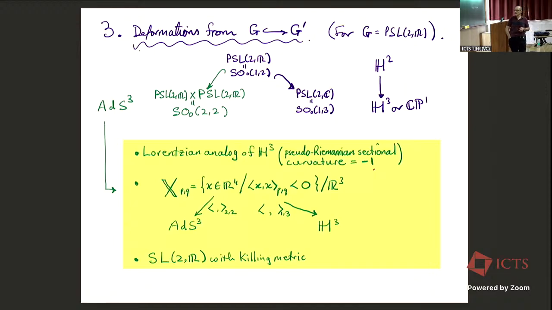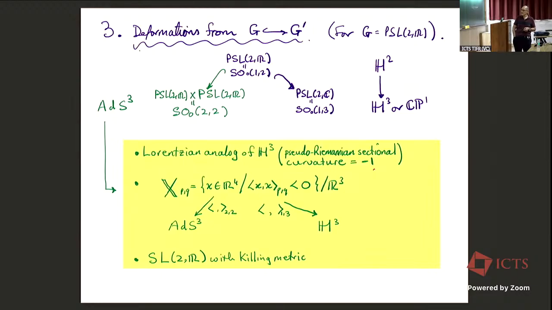And that gives you access to a different kind of geometry, because this can be identified as the isometries of three-dimensional anti-de Sitter space. So AdS3, here's a couple of facts about it. You can think of it as the analog of three-dimensional hyperbolic space in the pseudo-Riemannian setting. You can view both of these spaces in a uniform way if you think of them as being given by a bilinear form on R4.